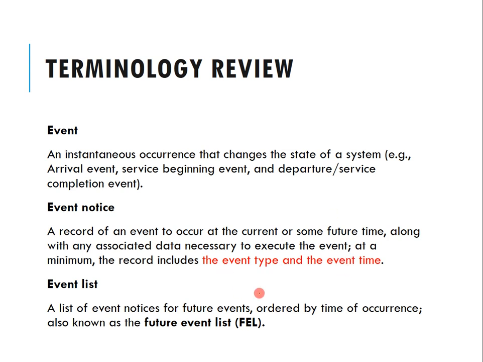Nanti when we go through example, we will see lah how this event notice is represented. Okay, event list is a list of event notice for future event. So this is normally ordered by time of occurrence lah. Dia ada chronological order, ikut chronological order dia, and it will be called a future event list. Okay, future event list ni.